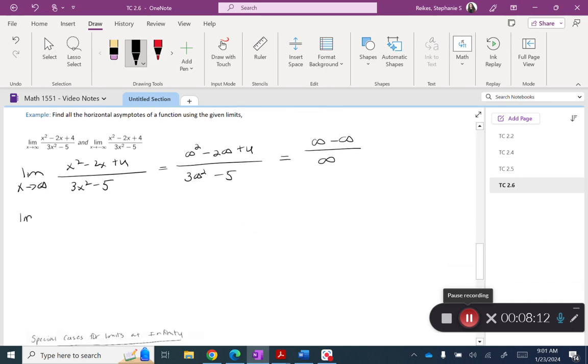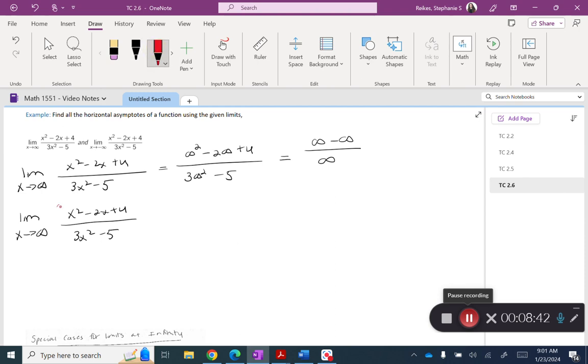So let's try the limit as x approaches infinity of our function x squared minus 2x plus 4 over 3x squared minus 5. One gut instinct might be to factor, but I'm not really seeing anything good to factor for this one. So another technique you might use is trying to divide, or you can think of it as multiplying by a reciprocal.